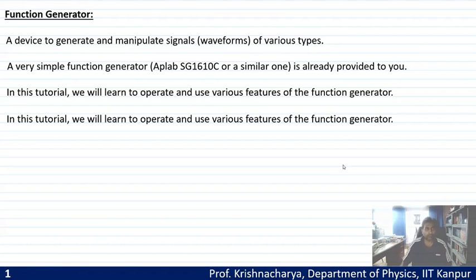The function generator which we'll be using in this course is mainly used to generate and manipulate signals, which we also call waveforms of different types. We'll see what different types of functions or waveforms we'll be using.